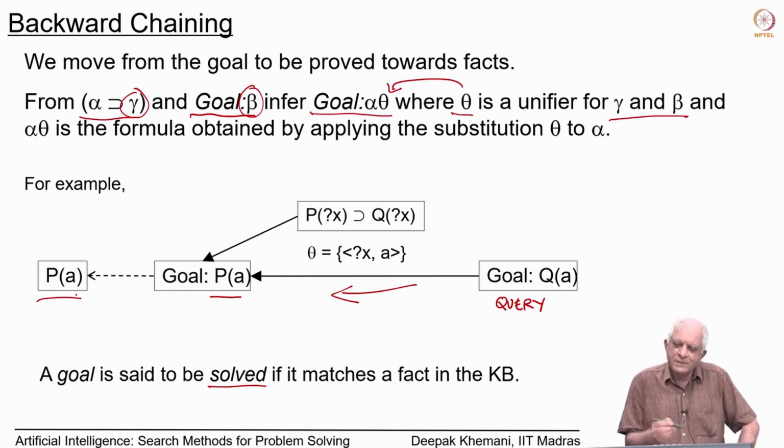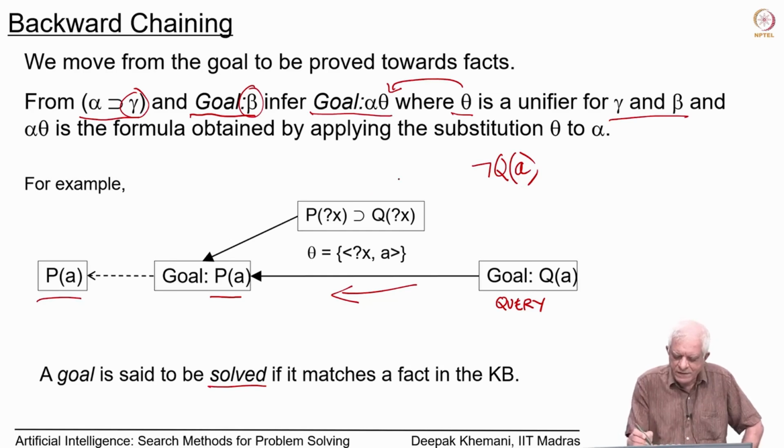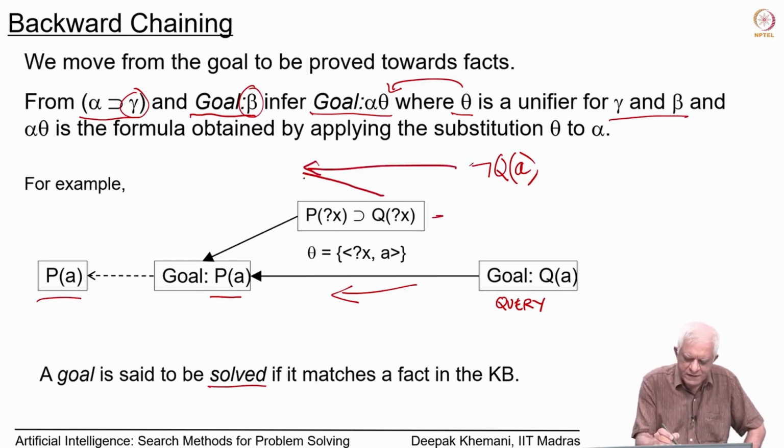So, we are moving from q to p. One should not confuse this with the rule of modus tollens, which let me try to insert here, would have said something like this, that if you have not of q of a, then from this and this you can infer not of p of a.